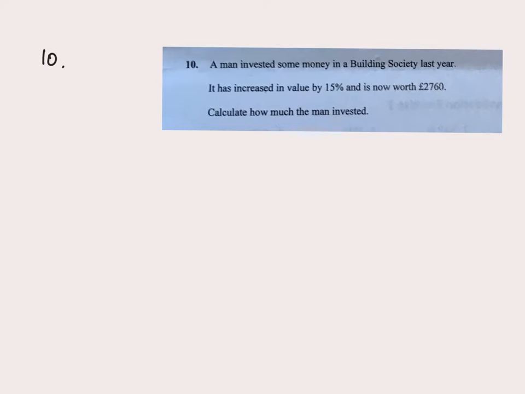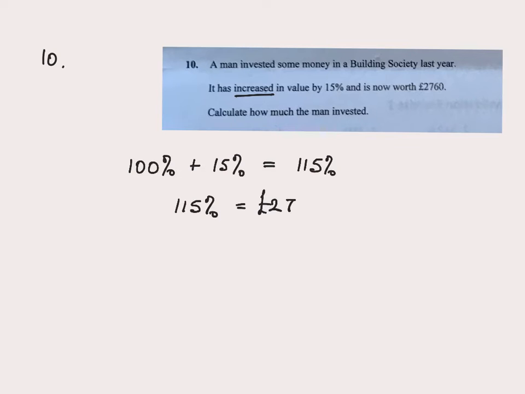So, a man invested some money. It's increased in value by 15%. Well, if you imagine the original amount of money, the money that was initially invested as 100%, and its value has increased by 15%, that means we've got 115%. Next thing to do then is to say that 115% is equal to 2760.